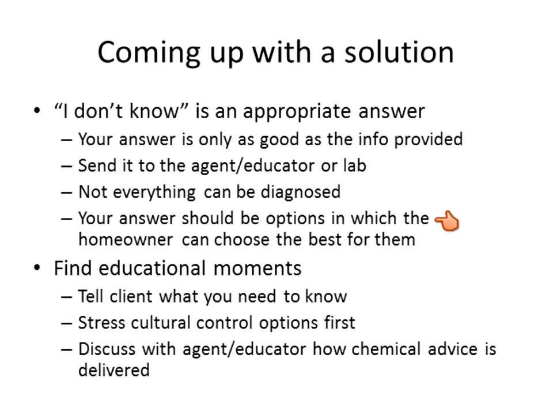That is their choice, but it is your job to make sure that they realize there are cultural things they can do, there are mechanical things to do, there are organic options, and then finally there are synthetic options. You give them all the options that are available to them, and hopefully they will choose the one with the least environmental impact, but it will be the one that's best for them.